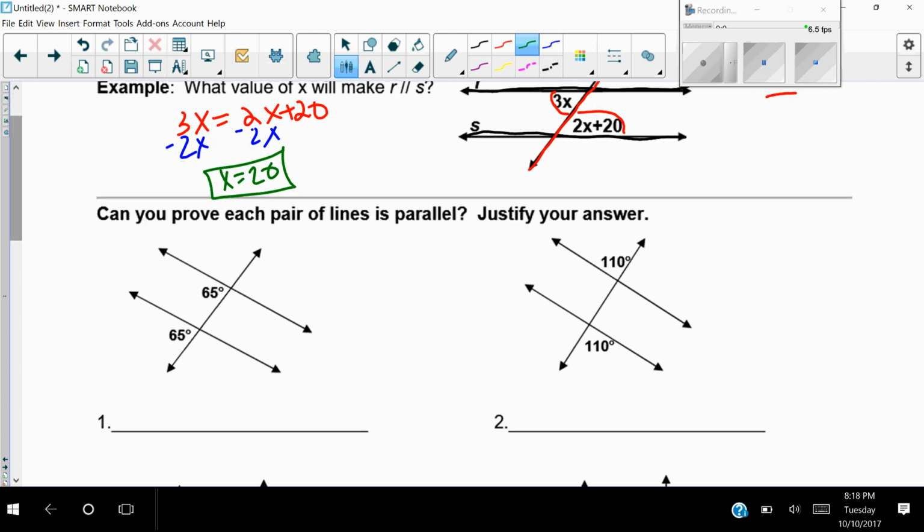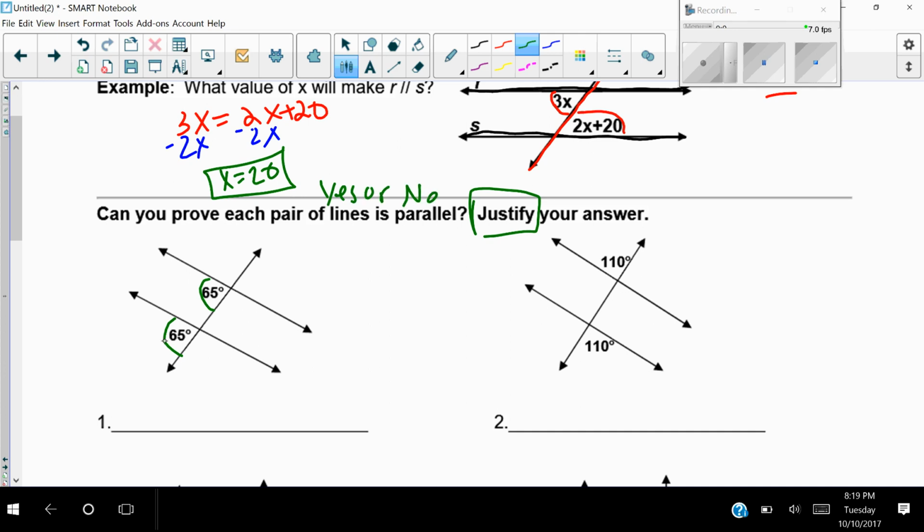And you prove each pair of lines is parallel. Well, they are equal. Are they supposed to be equal, or are they supposed to be supplementary? These are both in the lower left-hand corner, so these are corresponding. You're supposed to justify your answer, looking for a yes or no, but justify your answer.